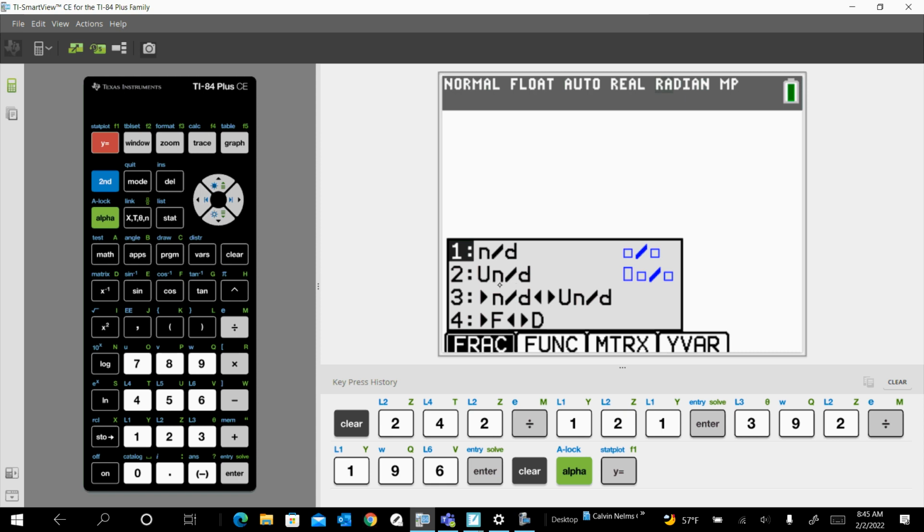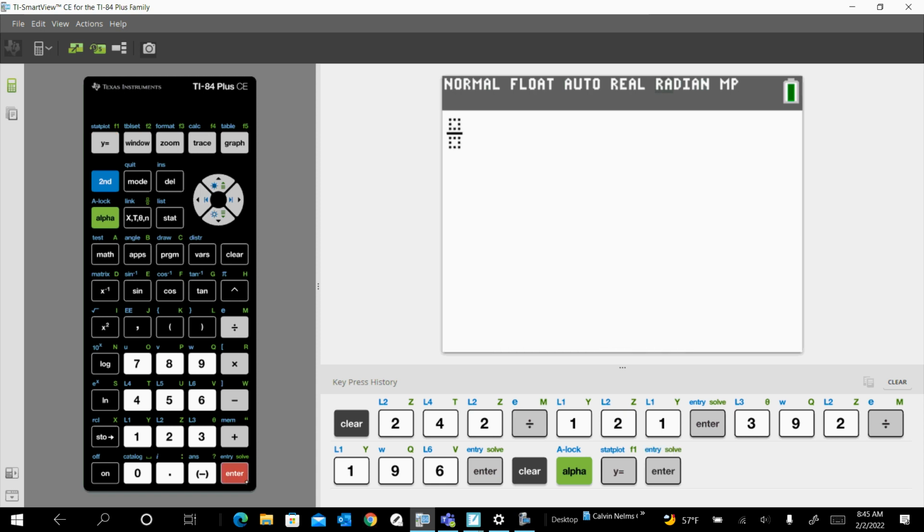The second one is a mixed number, so we're going to just pick number one. You can type in the number one, or you can just hit enter, and you're going to get a fraction box. Our fraction box tells us what numbers we're going to put as our numerator and our denominator. We had 2/5, so we arrow down, put a 5 at the bottom, then arrow to the right to do the operation. 2/5, we're going to subtract that from, so minus 1/3.